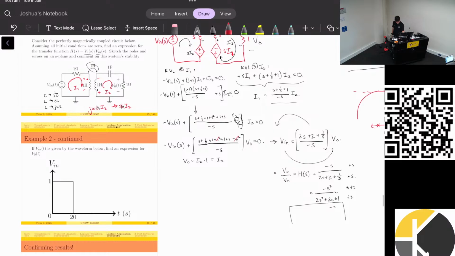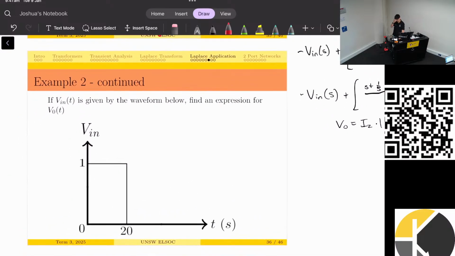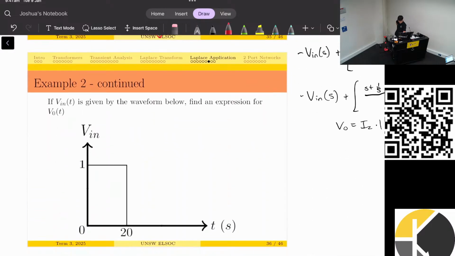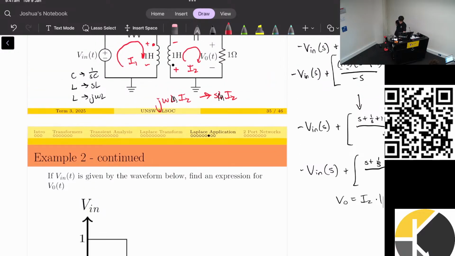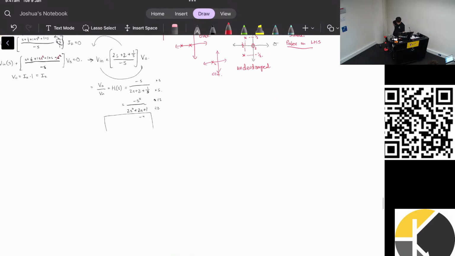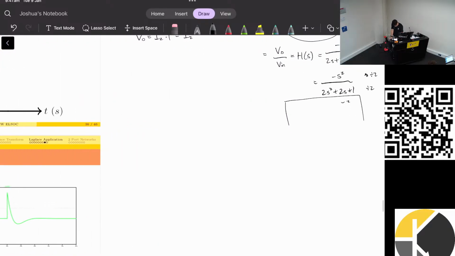So the very last part that I would like to go through is, if our input voltage to this circuit was a pulse, we need to find the output voltage in the time domain. So the way I'm going to do this is I will take our transfer function and multiply it by our input.